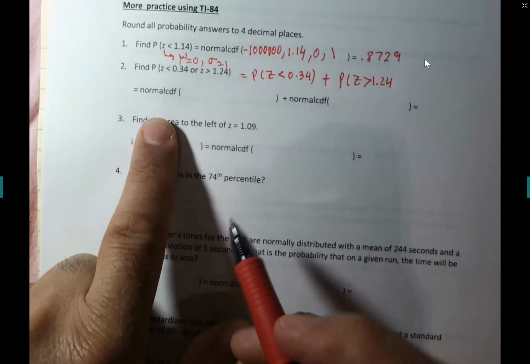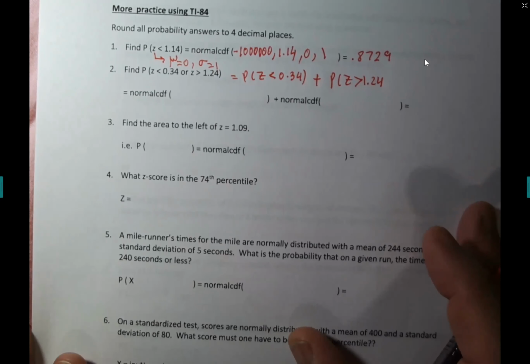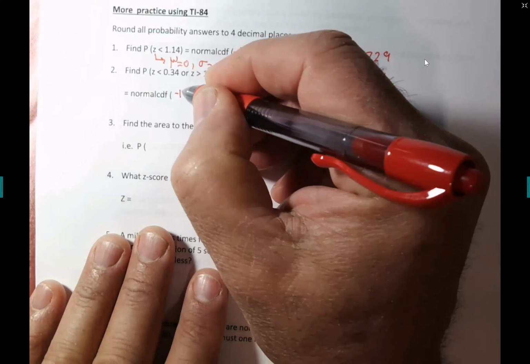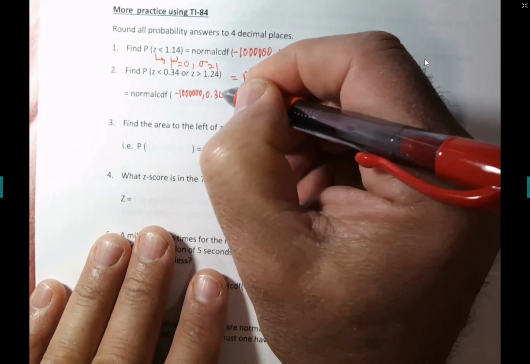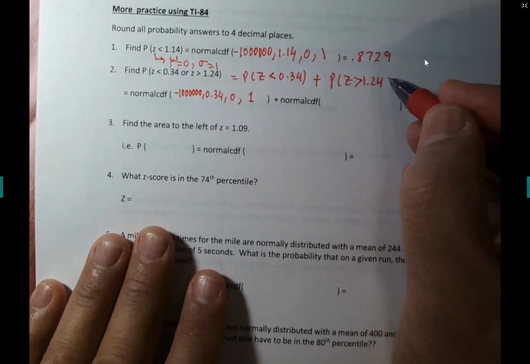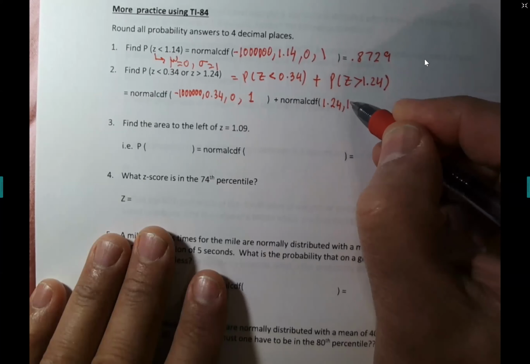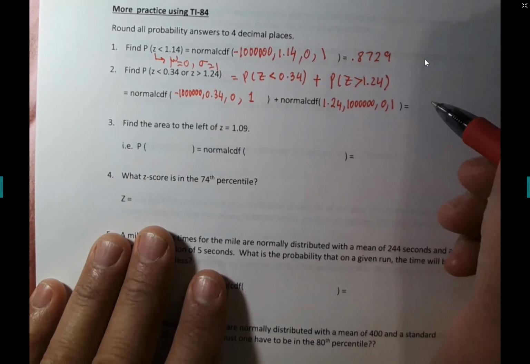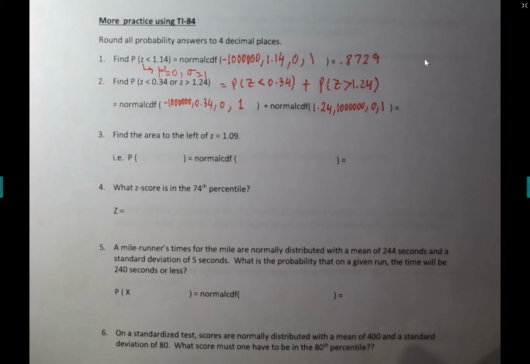Normalcdf for the first one will be negative a million, 0.34, comma 0, comma 1. And the second one will be 1.24 to begin with, then a million, then comma 0, comma 1. You just do each one and then add the answers.